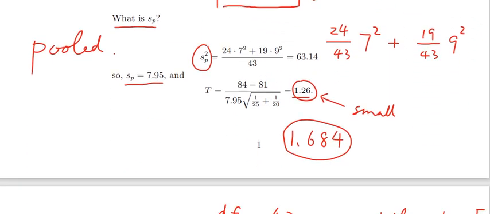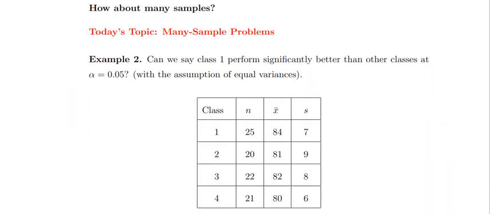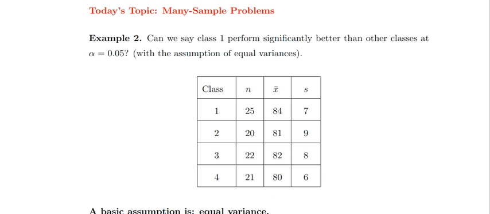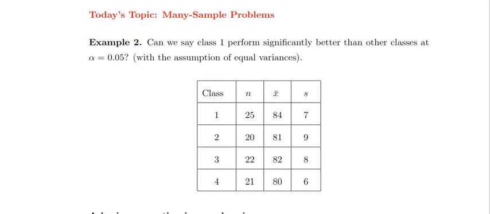So this is for the two sample problem. Then for the many sample problem, we know what a many sample problem is. Suppose here we have 4 classes, 4 sections for Math 2526, and I teach class 1, and my class average is 84.